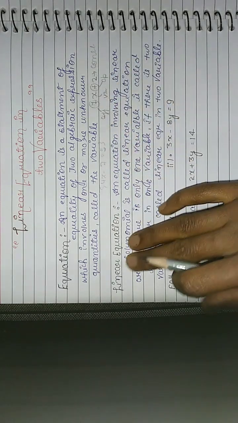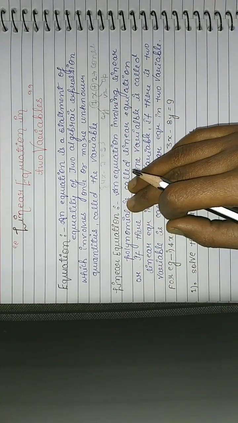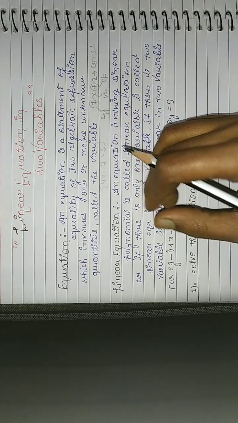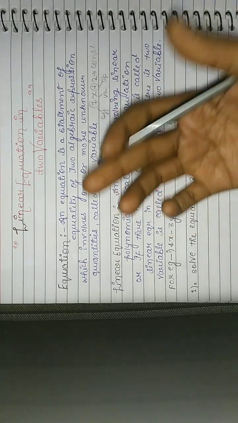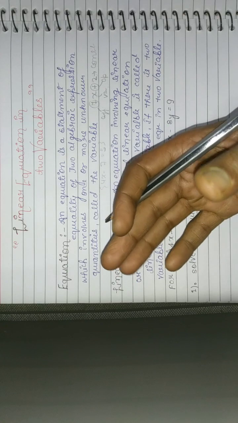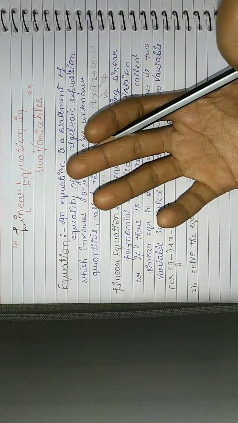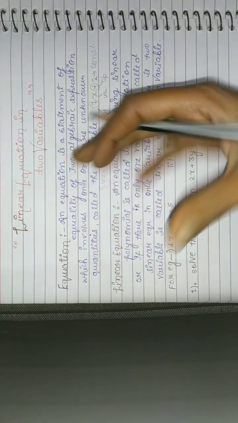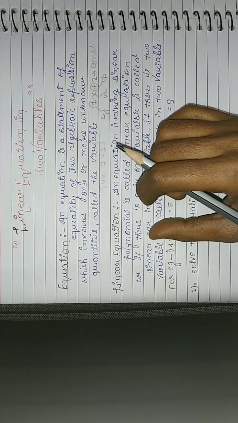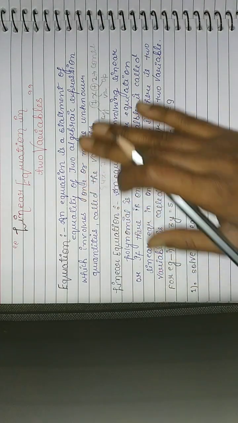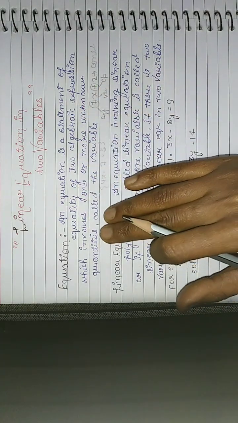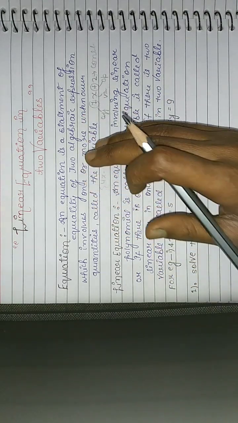So what is a linear equation? Simply, if there is only one variable, it is called a linear equation in one variable. If there are two variables, then we say linear equation in two variables. A linear equation is an equation whose highest power of the variable is 1.